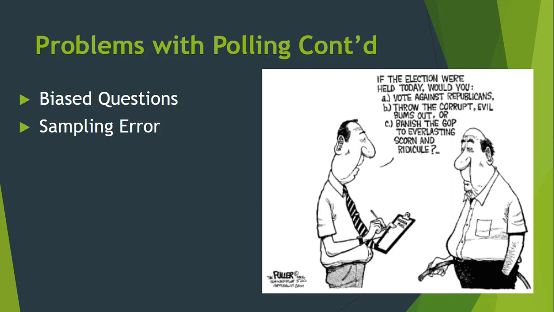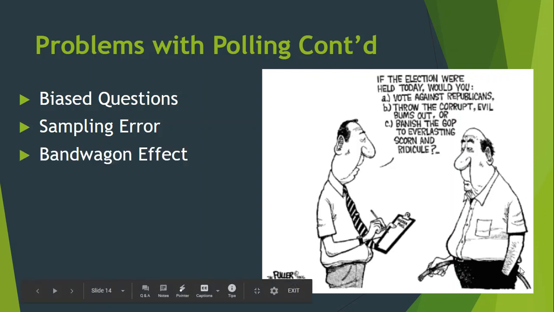So sampling error, both in terms of who you're asking and sample size, right? A group of 50 people is not going to be as representative of the entire country as a group of 50,000 people, if you're able to poll that many, which is actually a lot for a poll. But sampling error is definitely to blame for why some polls can be inaccurate.